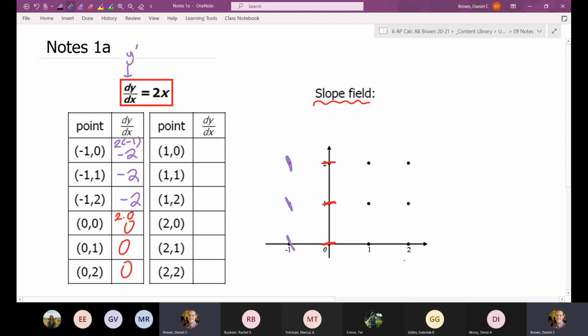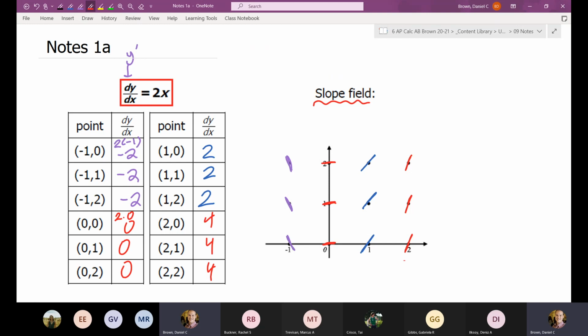When x is 1, 2 times 1 is 2, so now it's going to be an increasing line. And when x is 2, 2 times 2 is going to give you 4, so I just want to draw something that appears steeper. If this was an AP question, it's actually graded pretty leniently.